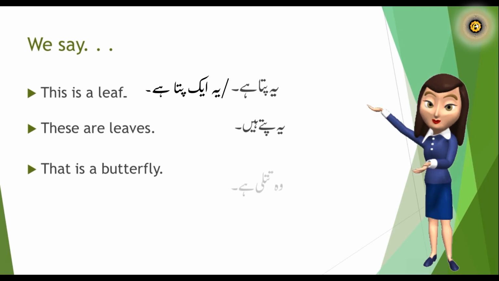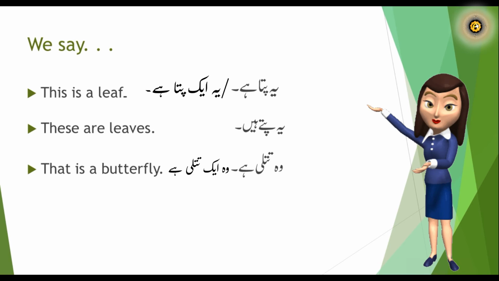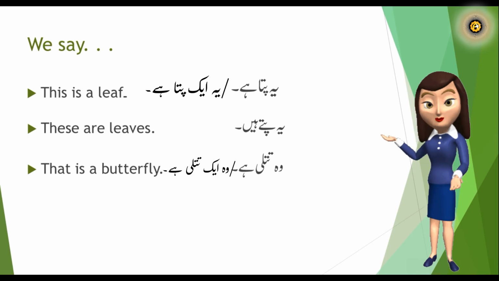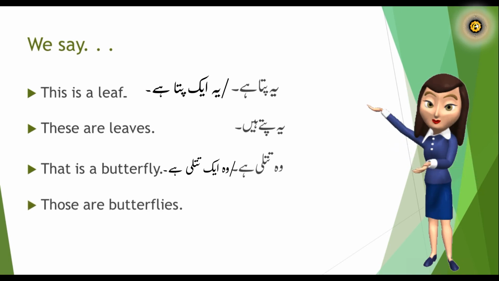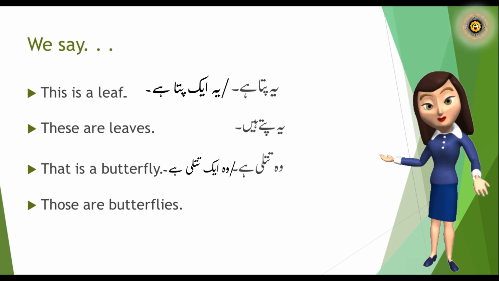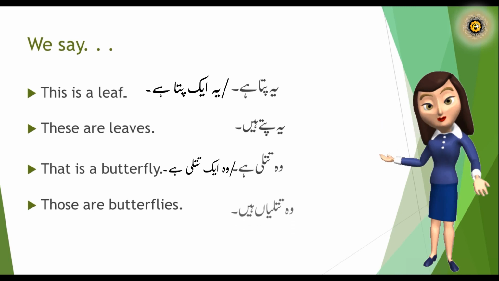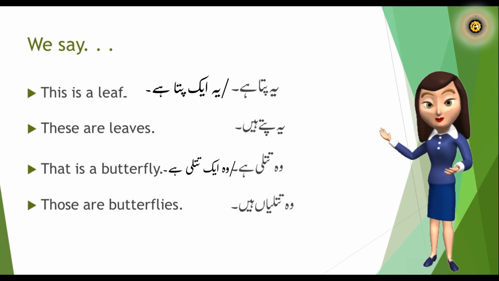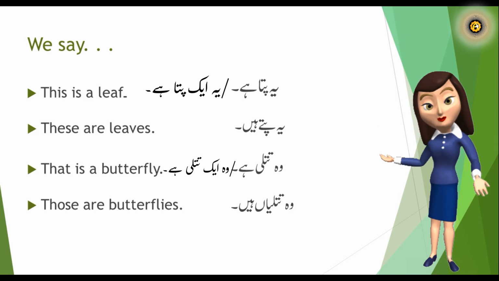So in Urdu, the sentence would be वो तितली है or वो एक तितली है. Similarly, if there is more than one butterfly, in English we say those are butterflies. In Urdu it would be वो तितलियां हैं.